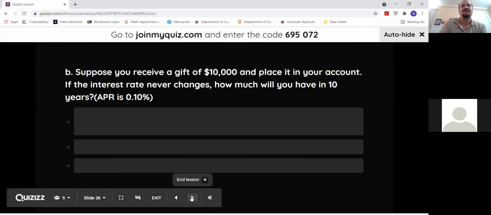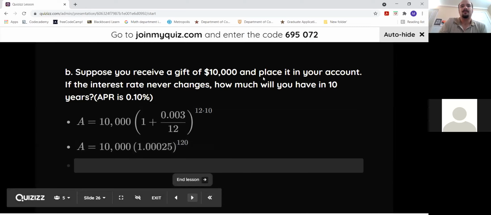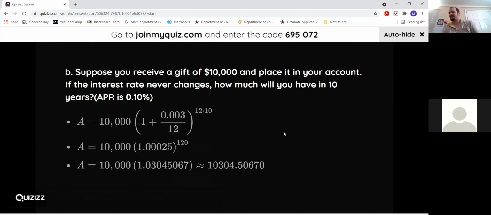And so if we go from 0.1% to 0.3%, we get a little bit different number. And we raise that to the 120. We get a bit different number. But this is giving me 10,304. Did I end that one? Because I didn't feel like I got that number.